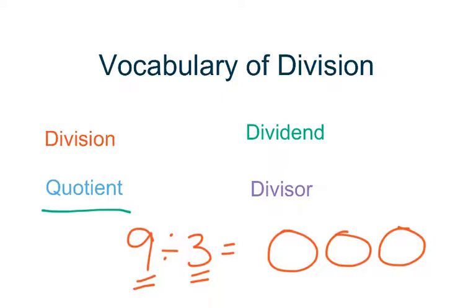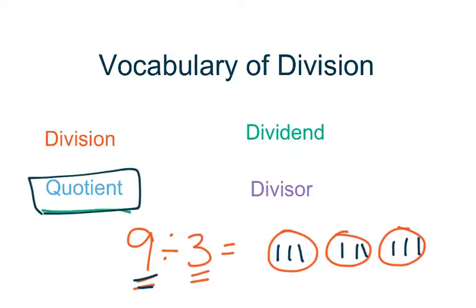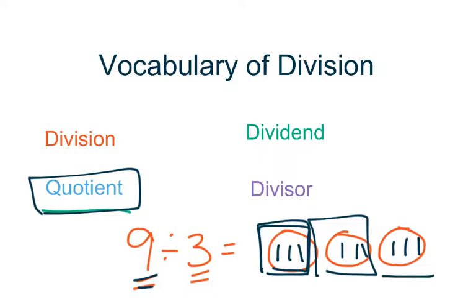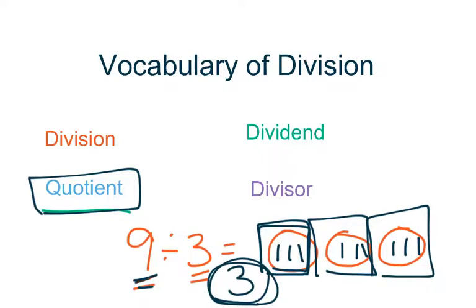Now I'm going to count it out until I get to 9, my total number of items, 1, 2, 3, 4, 5, 6, 7, 8, 9. The quotient is how many are in each group. In this group there's 3, in this group there's 3, in this group there's 3. So my answer, or my quotient, to 9 divided by 3 equals 3. That's the quotient, the answer.